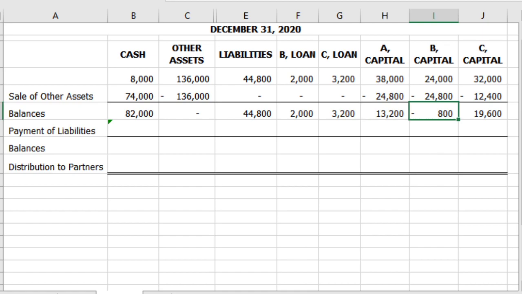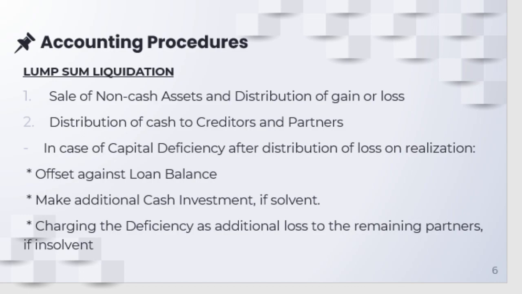So, kung babalikan natin yung ating discussion kanina, in case na merong capital deficiency, so ayan. First is offset against the loan balance, and then if solvent, make additional cash investment, and if not, charge to the remaining partners.